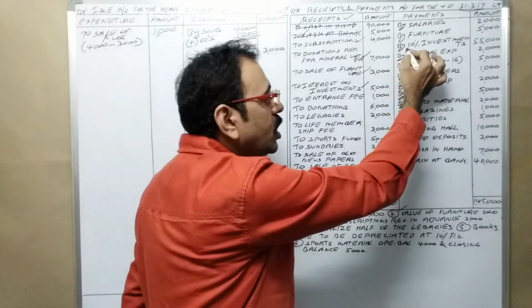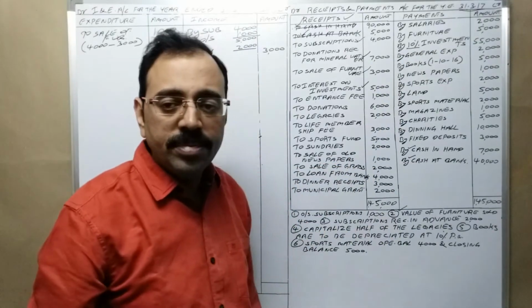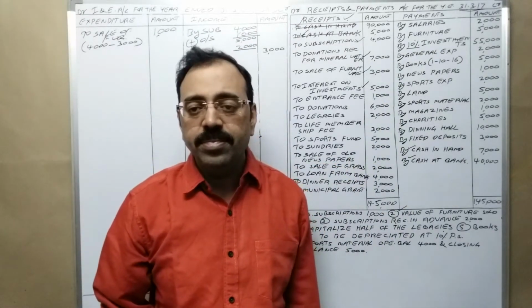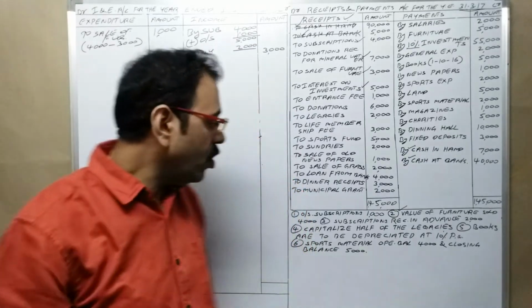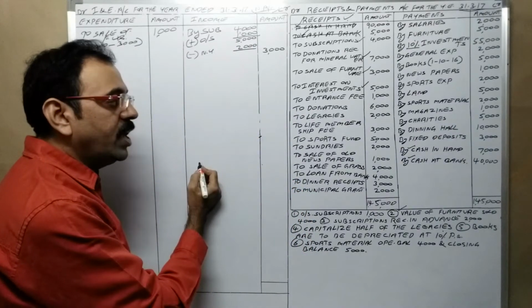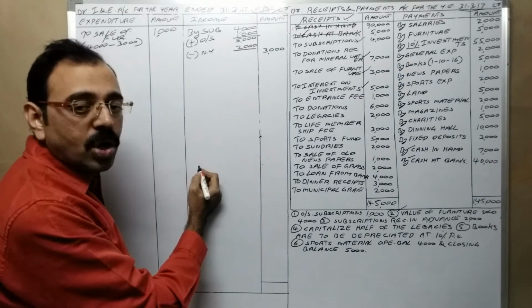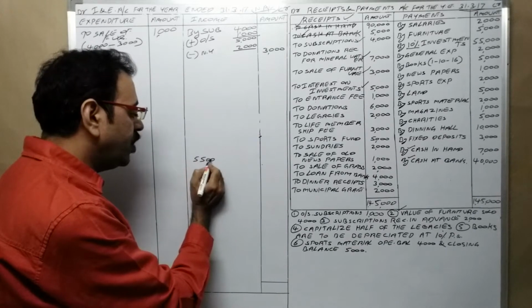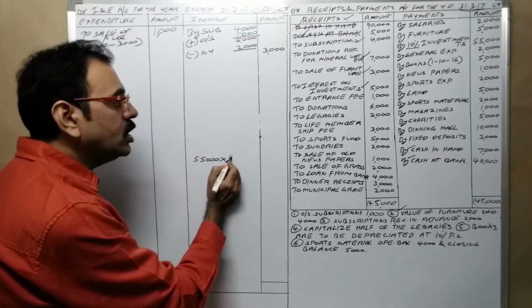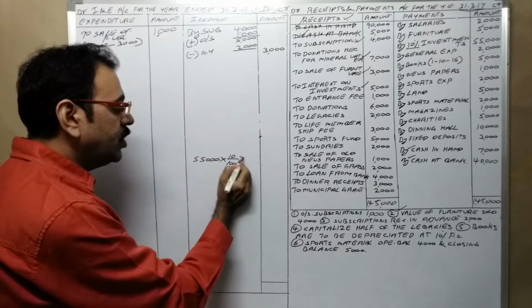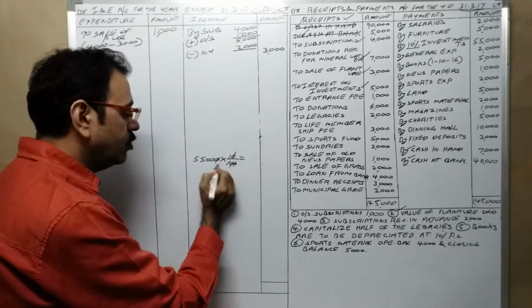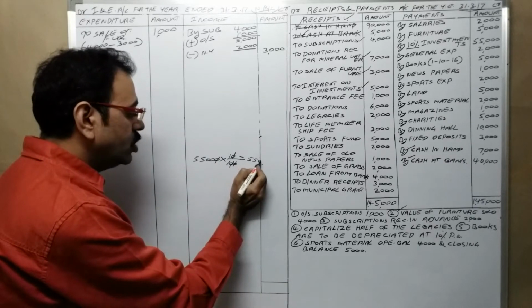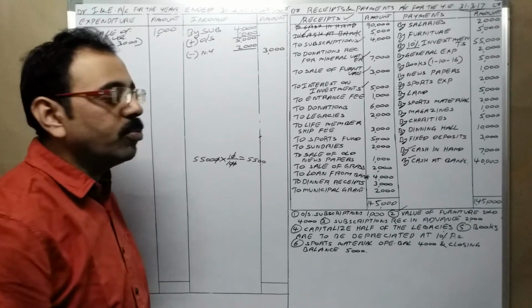And what is the meaning of this percentage? That indicates the interest rate. So in rough notes, you should once verify how much is the interest on that investment. Investment value is 55,000. On that, 10% interest we should receive. So how much will be the amount? 5,500 rupees.